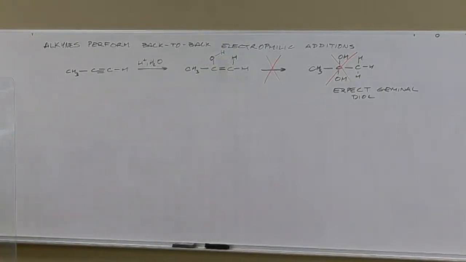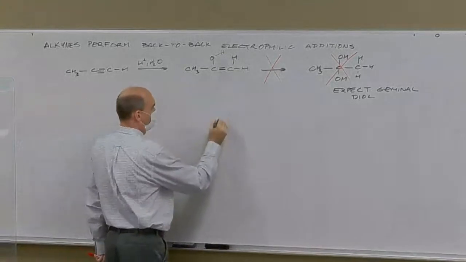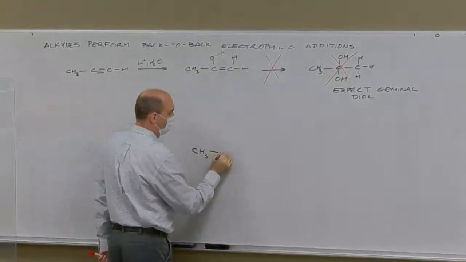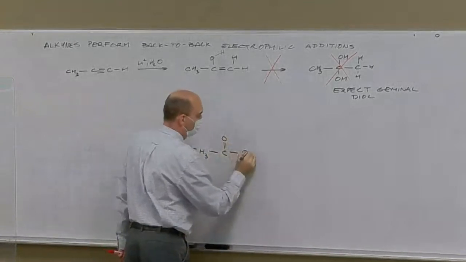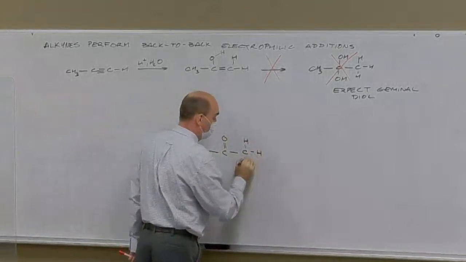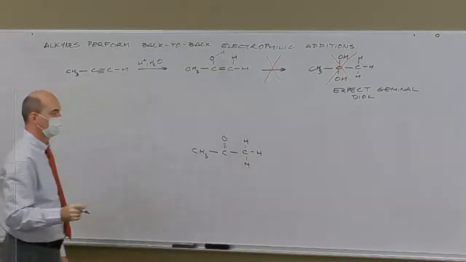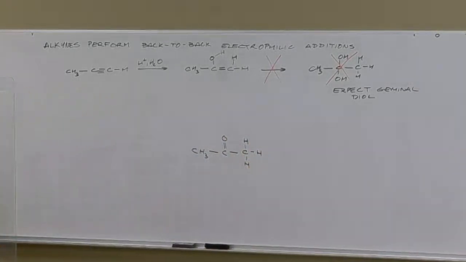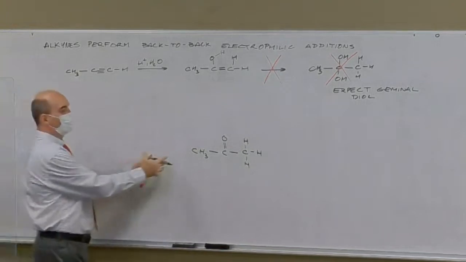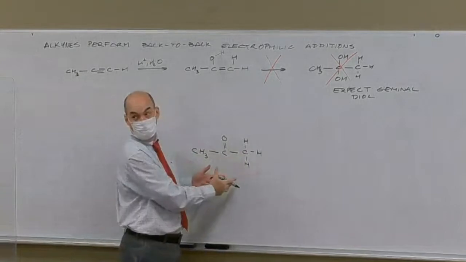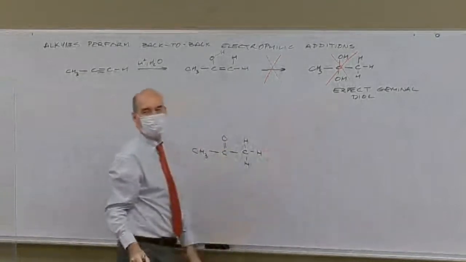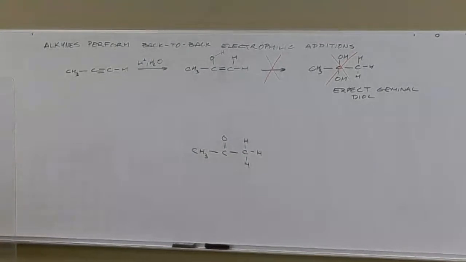What we get instead is the product of this reaction, is this. That's completely not what we were expecting. But because this is a completely different family of molecule than that, we're just going to have to accept this and use it to our advantage.